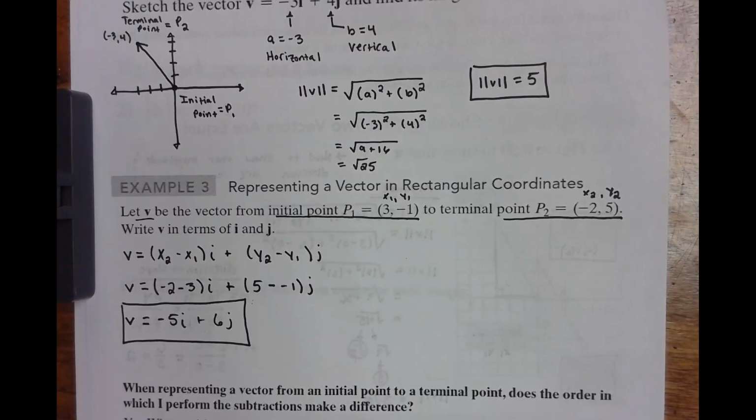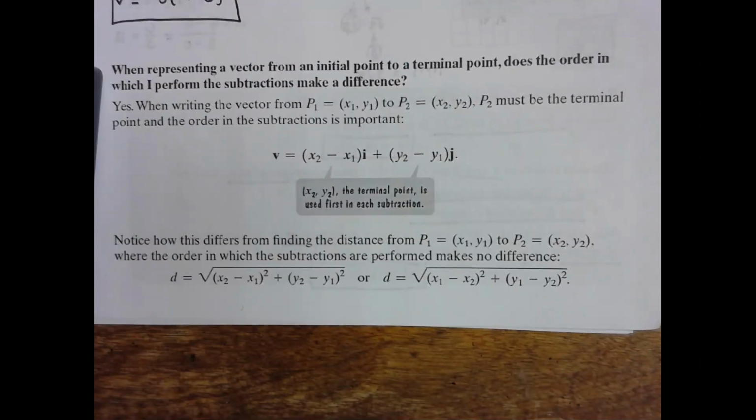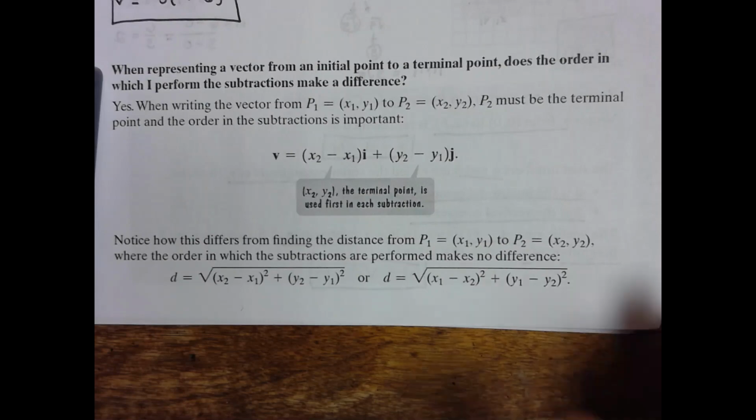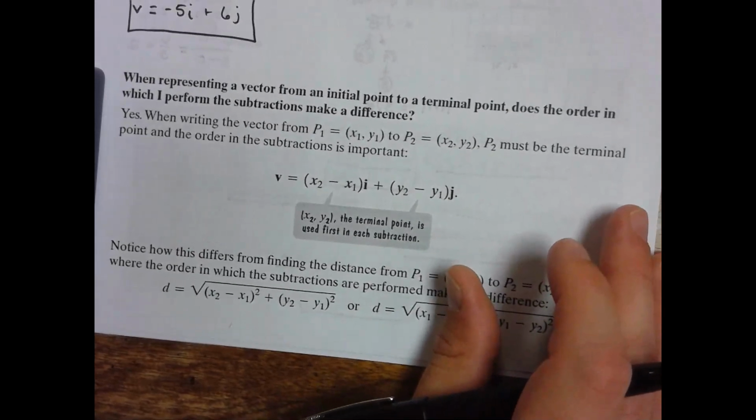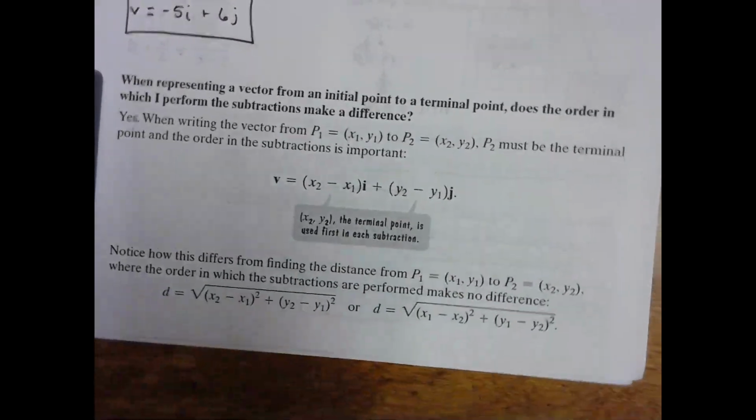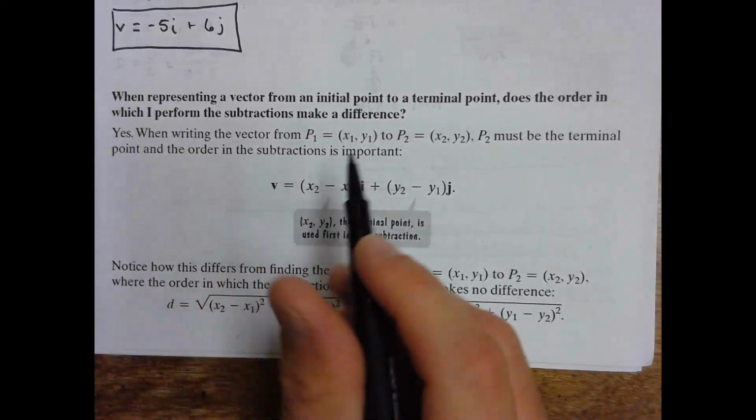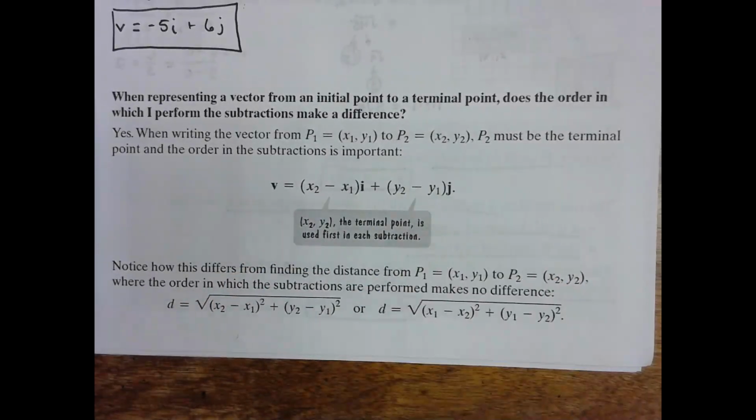All right. Before we move on, just a quick note about when we're writing vectors in terms of their i and j components. I didn't mention this, but I think it's worth adding into our notes. When representing a vector from an initial point to a terminal point, does the order in which you perform the subtraction make a difference? The answer is yes.